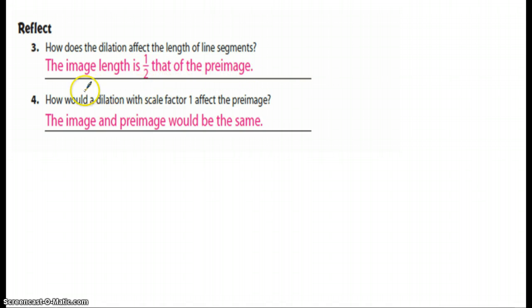And then it says, well, what if you had a scale factor of 1? That means that if I have, say, x comma y, and x is 7 comma y is 10, and I have a scale factor of 1, so that's going to be 1 times x comma 1 times y.